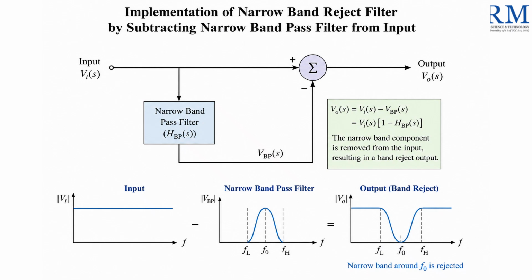The second path passes through the narrow bandpass filter, which selects only a small frequency band around the central frequency FO. This selected narrow band signal is then subtracted from the original input signal. As a result, the particular frequency band is removed, producing band reject output. The waveforms are as shown in the figure.